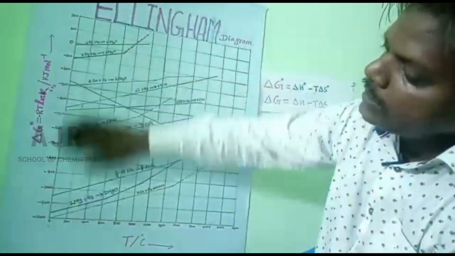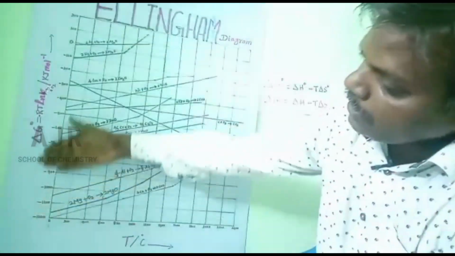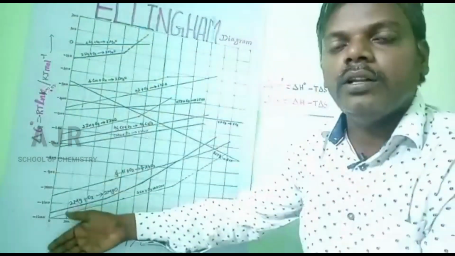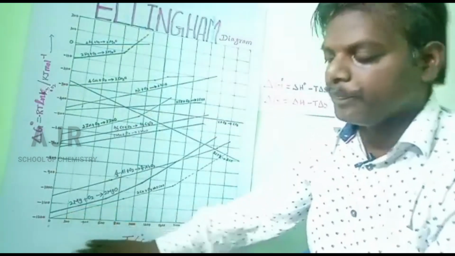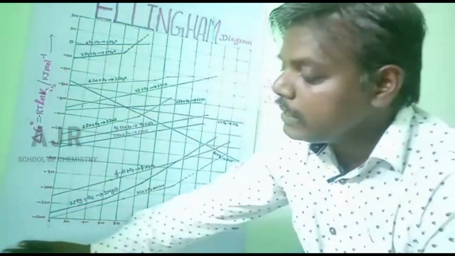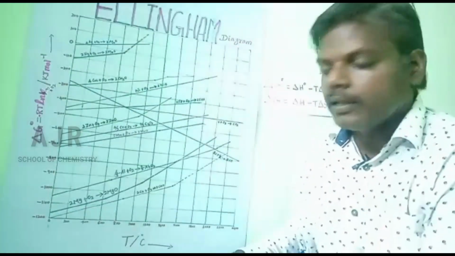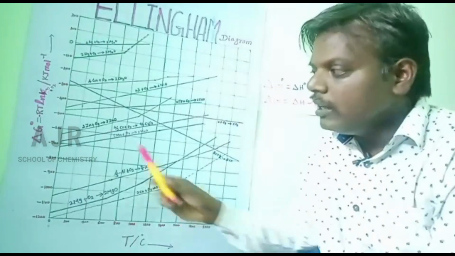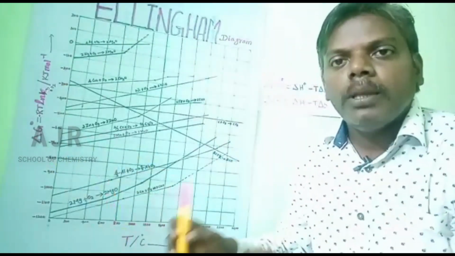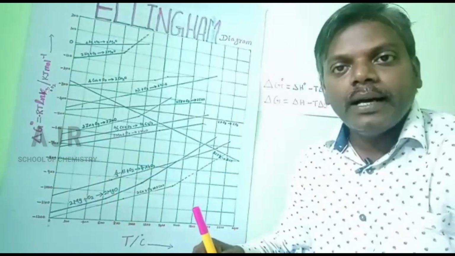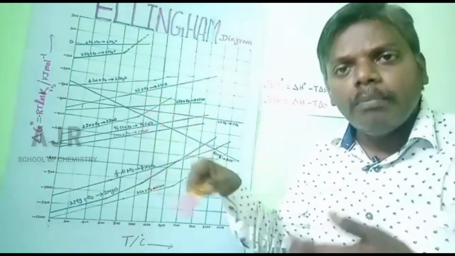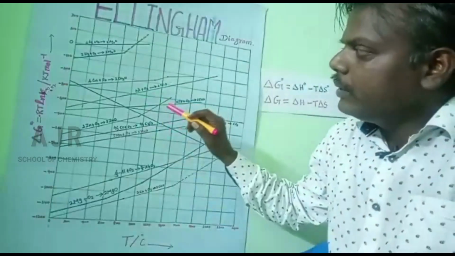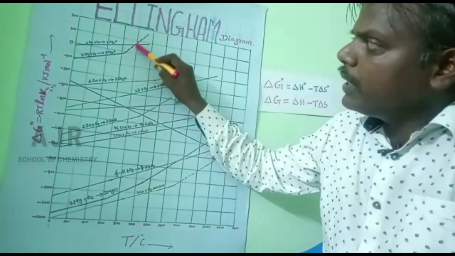If you move this side, the delta G0 value becomes less negative, and if you move down, the delta G value becomes more negative. So what the third observation says is, as the temperature increases, the delta G0 value for most metal oxide formation becomes less negative and becomes 0 at a particular temperature. Look at here, it becomes 0 at a particular temperature.